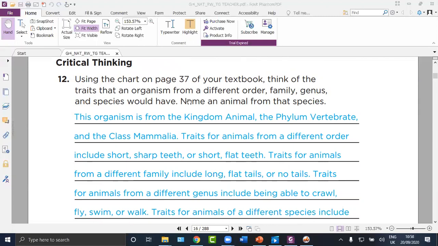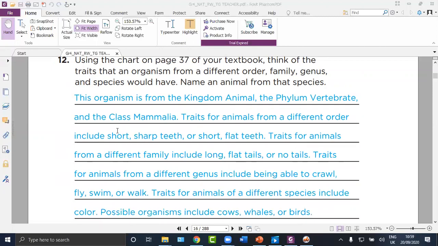If we look to page 37, you can distinguish between kingdom animals and the phylum vertebrate, and class mammalia, traits for animals.